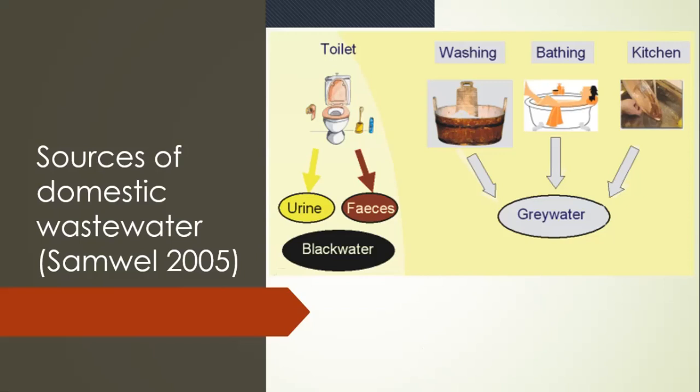Right. So this is the wastewater component which is relatively more polluted. And the grey water is the water which is coming from the rest of the activities in the domestic area, including washing, bathing, and kitchen wastewater. But this component comprises relatively low pollution, but in larger quantities.